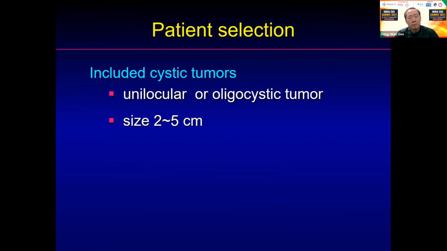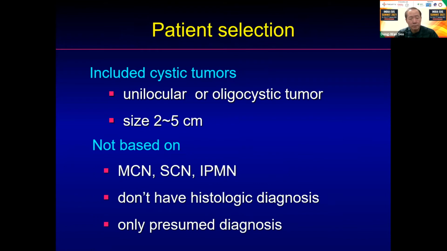So we included only unilocular or oligolocular cystic tumors, size ranging from 2 to 5 cm. It is not based on MCN or SCN or IPMN-like true histology. We don't know the true histology at the time of ablation. Only a presumed diagnosis is available.